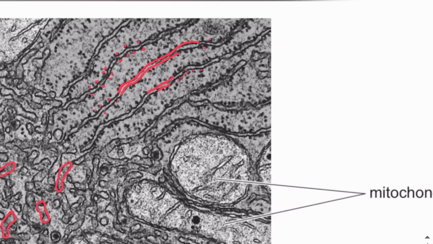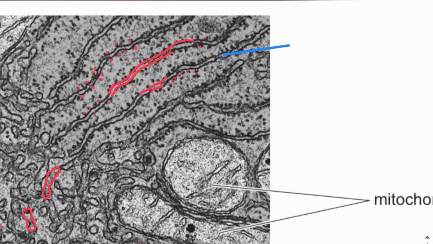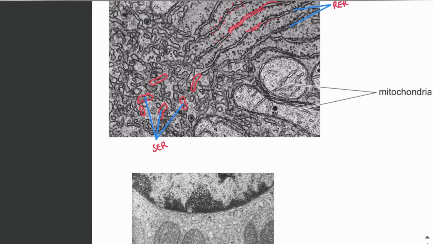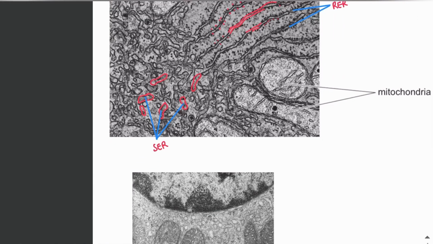So guys, in this electron micrograph, these are RER with ribosomes attached to their external surface, and these pouches which look widened, dilated, vesicle like, these are SER. So guys, this is how you identify SER on the electron micrographs of animal cell.